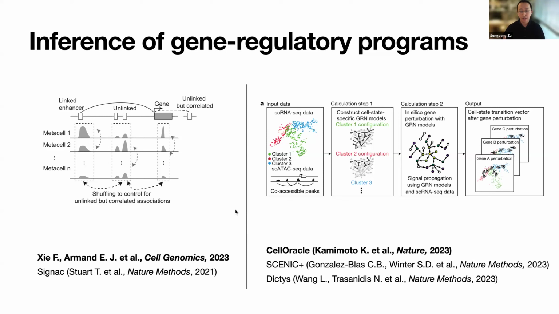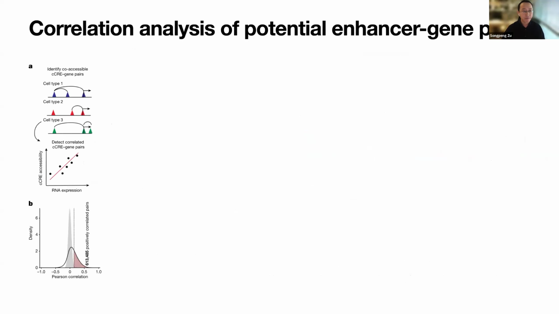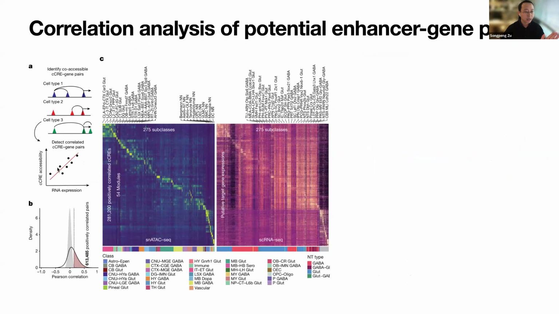So we tried both methods in our paper. For the first one, we need to do integration analysis of our ATAC data and the corresponding RNA-seq data. Once we have integrated at the subclass level, we can do the correlation analysis. Here we only focus on the positive correlation pairs.